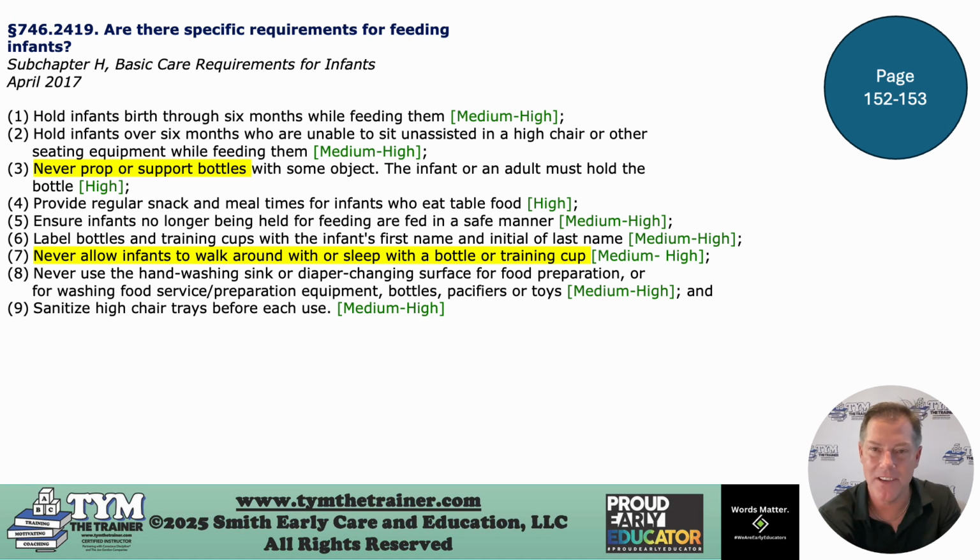Where the deficiency normally comes in is in the young toddler classrooms, like your 12 to 17 month olds. When the parent drops off that child with a training cup or with a bottle, we need to educate the parent that they can't do that, and we need to make sure that the children are not walking around with those items. But that's where we specifically see that.